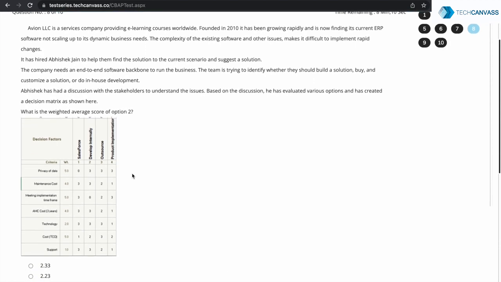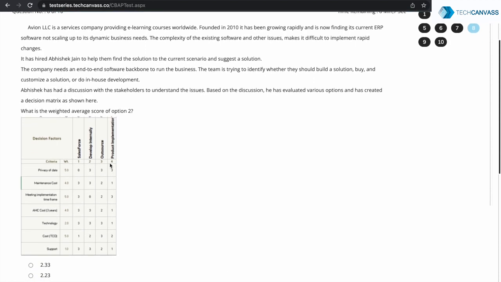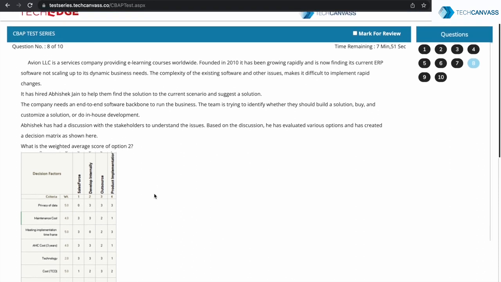A table has been given. There are multiple options, like option 1, option 2, option 3, and option 4. And there are criteria with a weightage given, and across them, the scores a business analyst has given for each of these criteria.